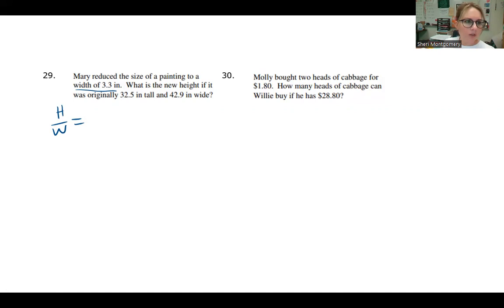So we have a new and an old picture. She reduced, so this is the new figure. It's gonna have a width of 3.3. What's the new height? If it was originally 32.5 inches tall. So tall, we have tall and then we have wide. Wide has to go on the bottom, 42.9.